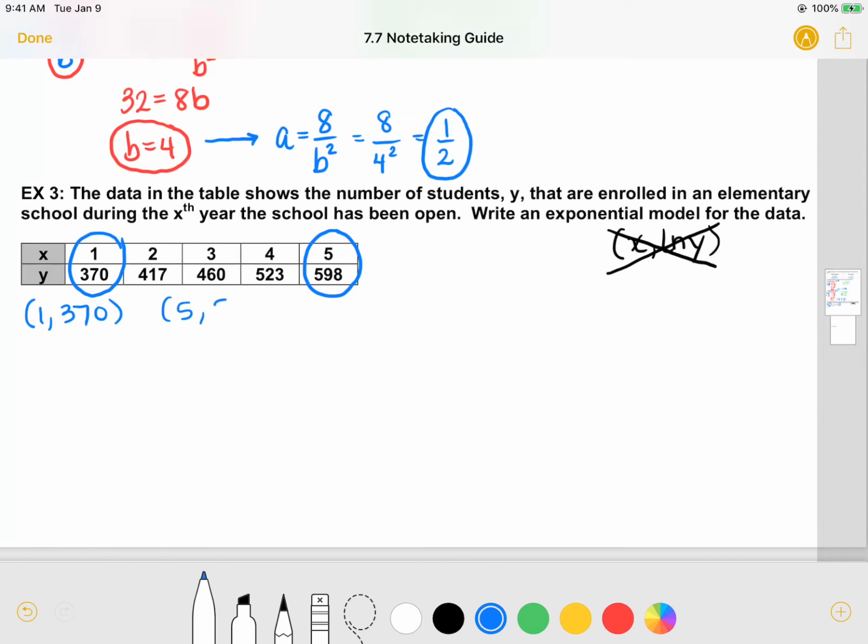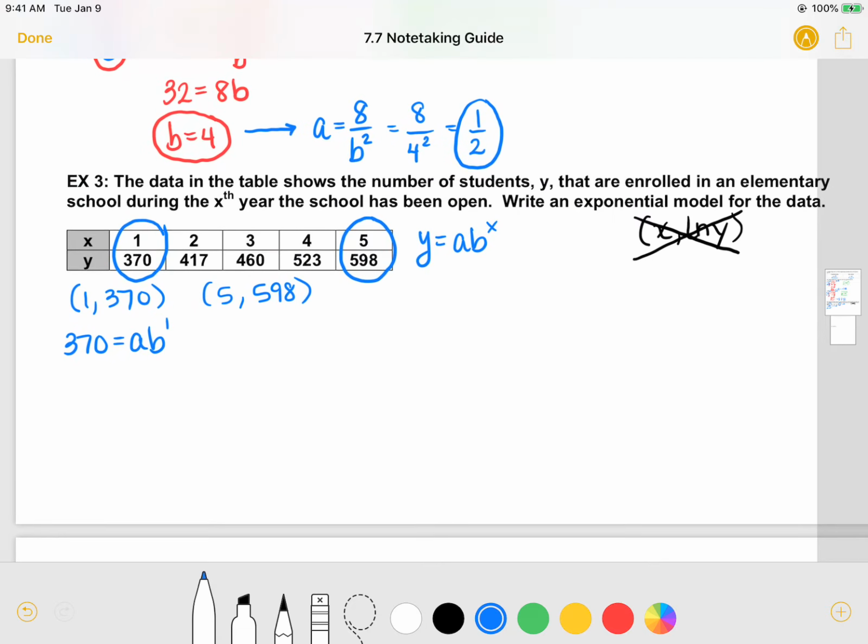And just like the last 2 examples, we are going to write an exponential function. Okay, so we're going to use that model y equals ab to the x power. So the first thing we're going to do is plug in the point 1, 370 into our function. So we have 370 equals ab to the first power.